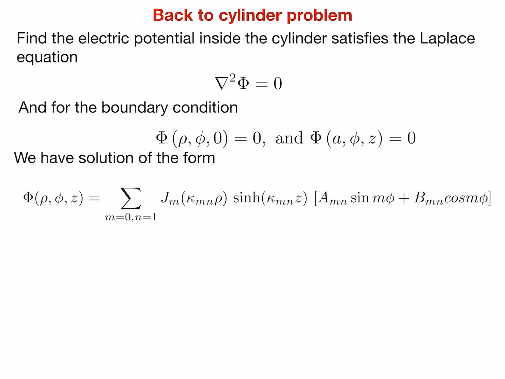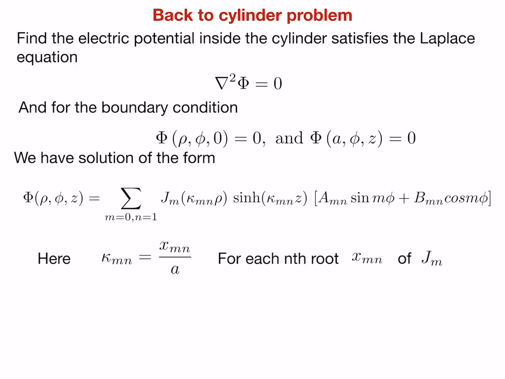Now we see that one of the easy ways to satisfy this boundary condition is simply to map all the zeros of the Bessel function Jm to the size of the cylinder, that is radius a, and then for every root of every Bessel function, this would be automatically satisfied.